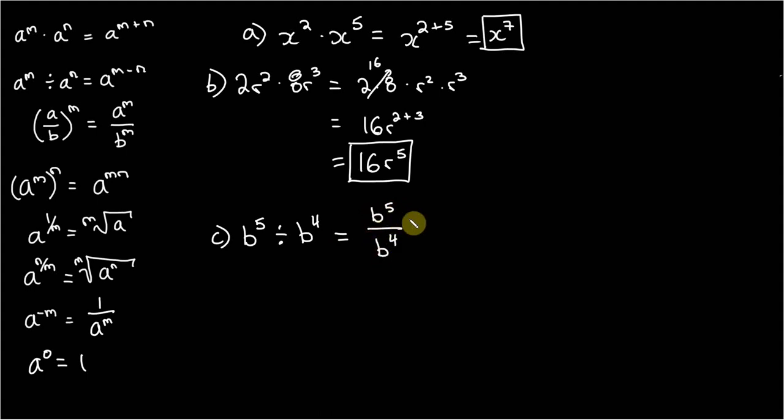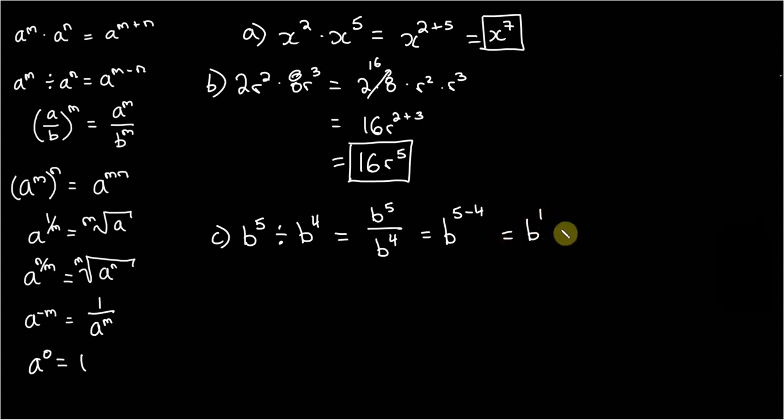The quotient rule states, as we reviewed in the last video, and as you can see here, that a raised to the power of m divided by a raised to the power of n equals a raised to the power of m minus n. So in this case, it's going to be b raised to the power of 5 minus 4. We're just going to subtract the exponents, 5 minus 4, so that's equal to b raised to the power of 1.